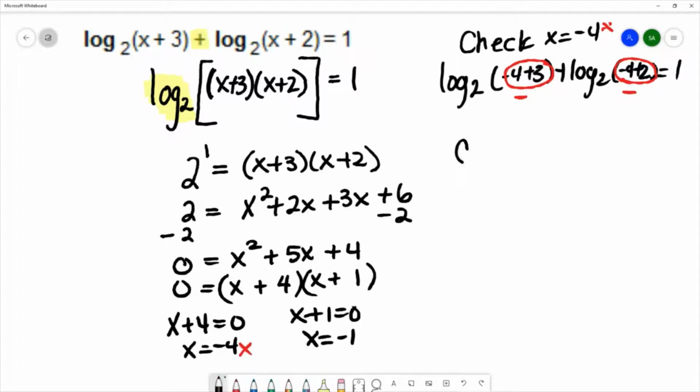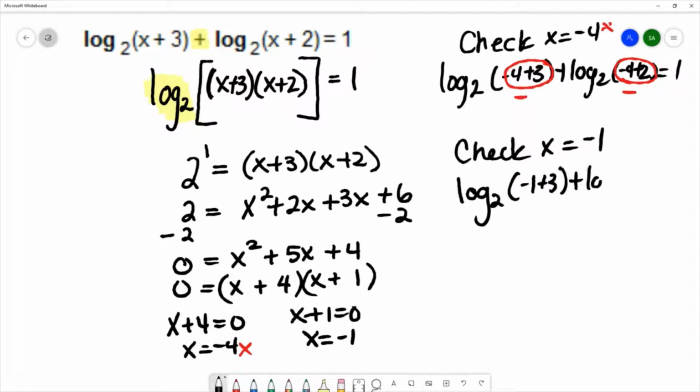Let's check the other solution of x equals -1. In the original equation, we would have log base 2 of -1 plus 3 plus log base 2 of -1 plus 2 equals 1. -1 plus 3 is a positive. -1 plus 2 is a positive.